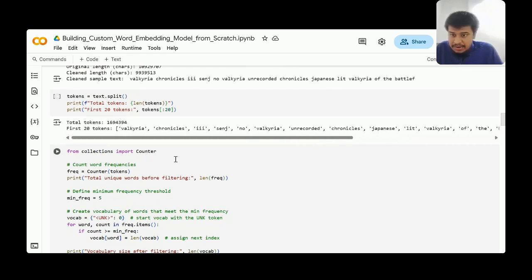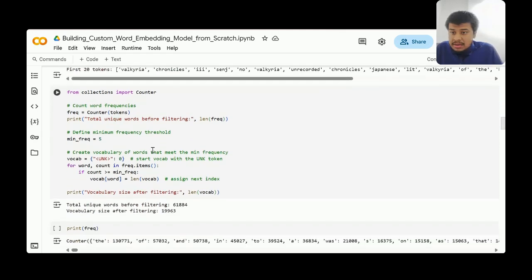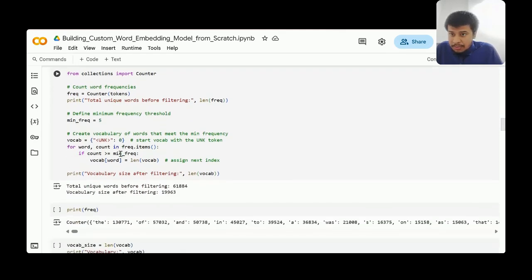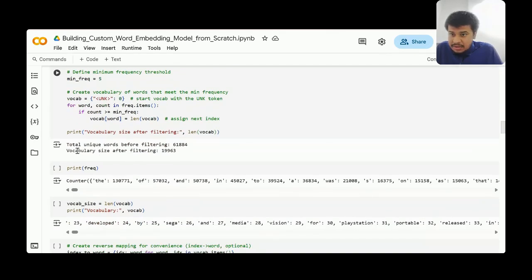Even this is not perfectly done, right? We need only the unique words alone, so we get the unique words from the counter of tokens, and the total number of unique words before filtering. Filtering is needed because sometimes an unknown token can also be used, and we are giving a minimum frequency of 5.